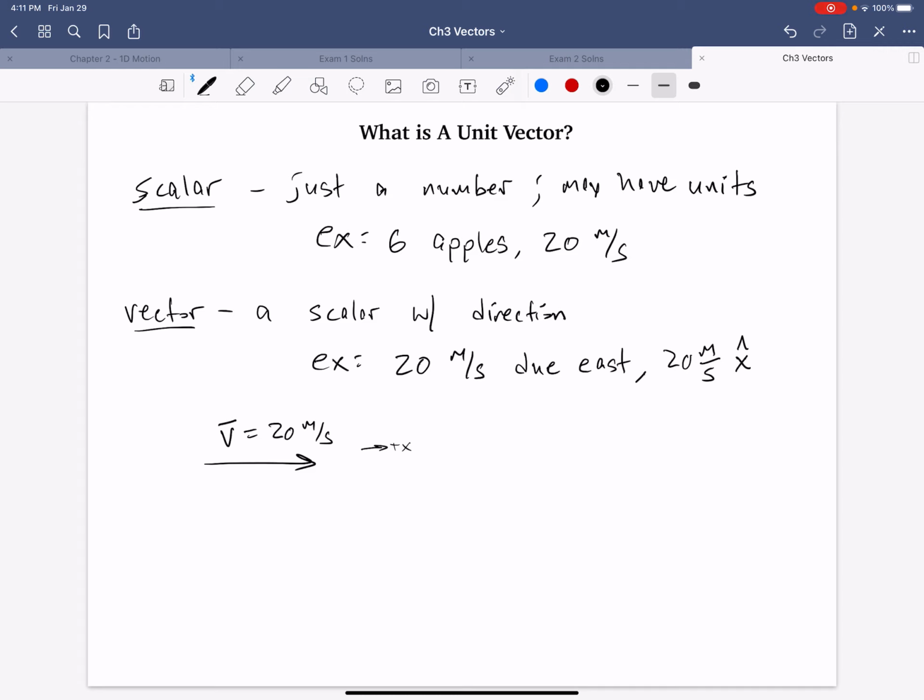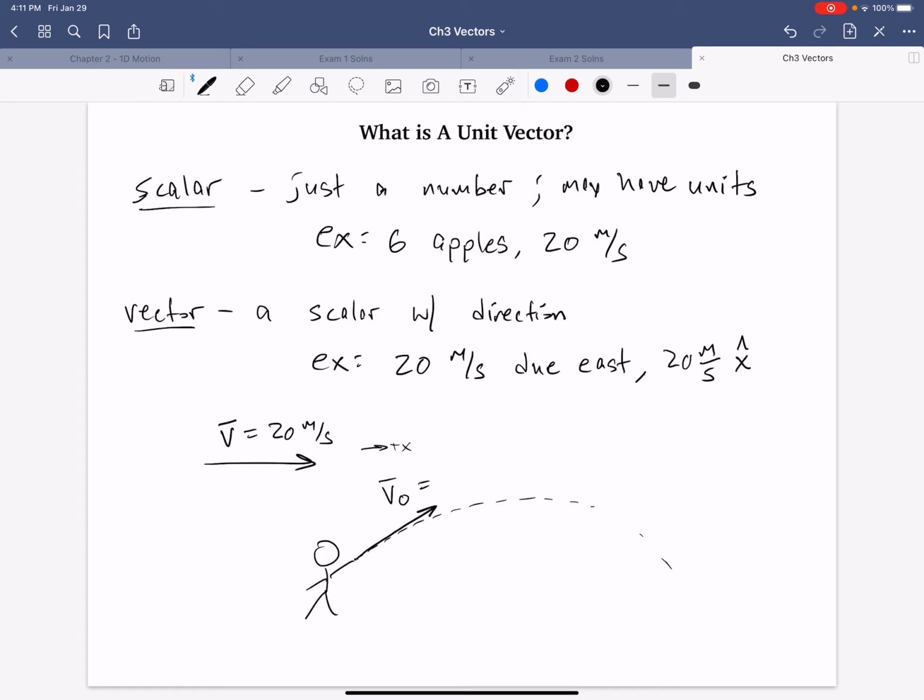Another example is if you throw a baseball at some angle above the horizontal. So here's some baseball player and he throws a baseball and the ball launches from his hand. It will arc. We'll talk about that next chapter, but the initial velocity, I should say, can have some magnitude.